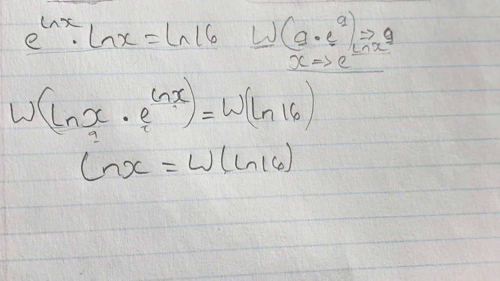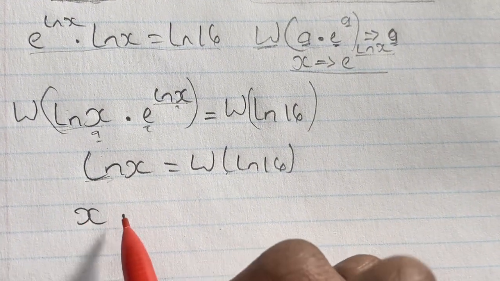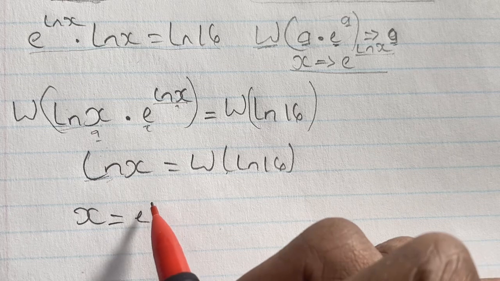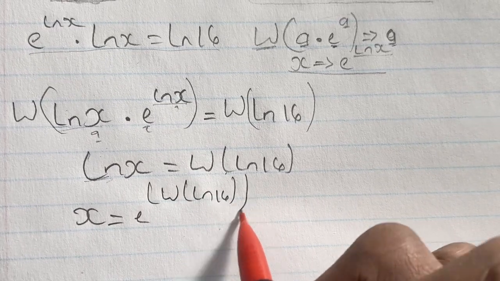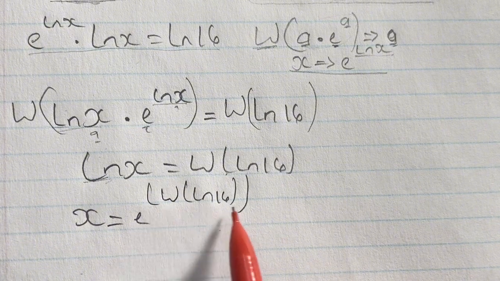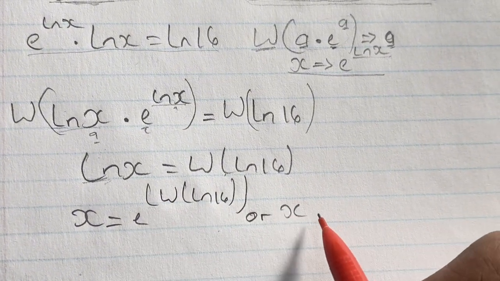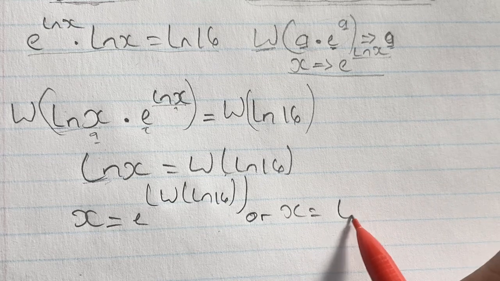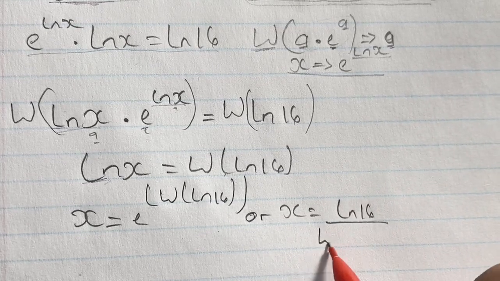And now from here we move on to solving for x by taking the inverse function of natural log. So we say that x is equal to e to the power of W of ln 16. So x is equal to e to the power of whatever value is W of ln 16. We can also express our solution for x by saying ln 16 over W of ln 16.